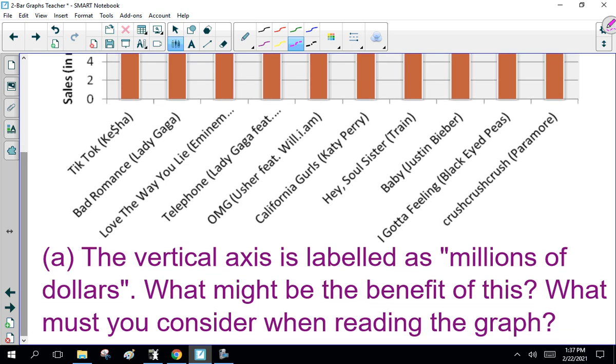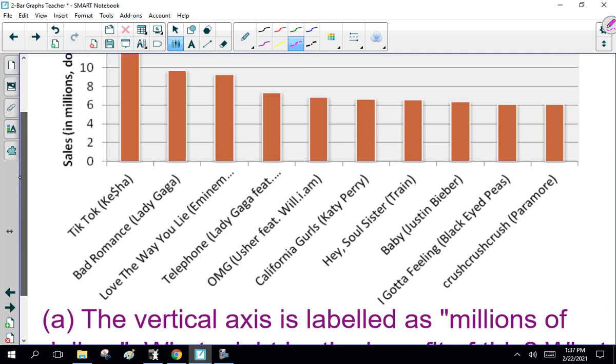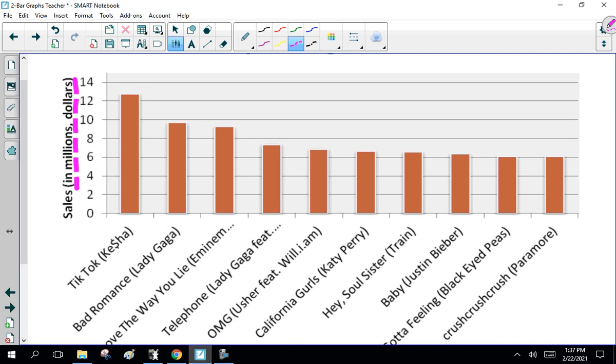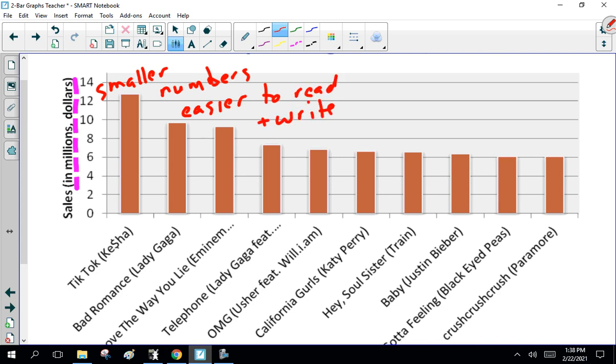What might be the benefit of this? What must you consider when reading the graph? Well, why do we say millions of dollars here? Well, small numbers. Easier to read and write. You don't really want to sit there for 10 million.